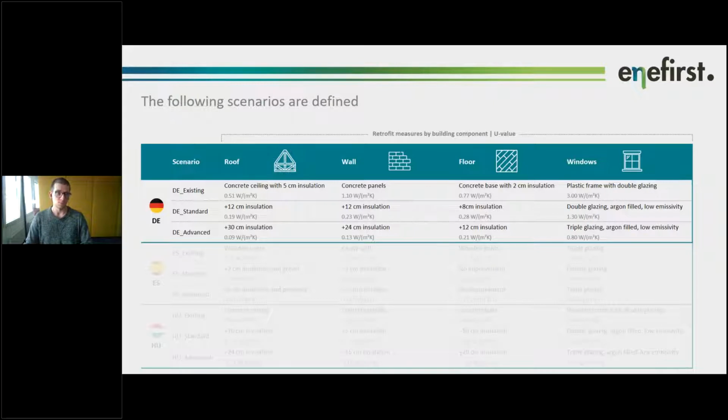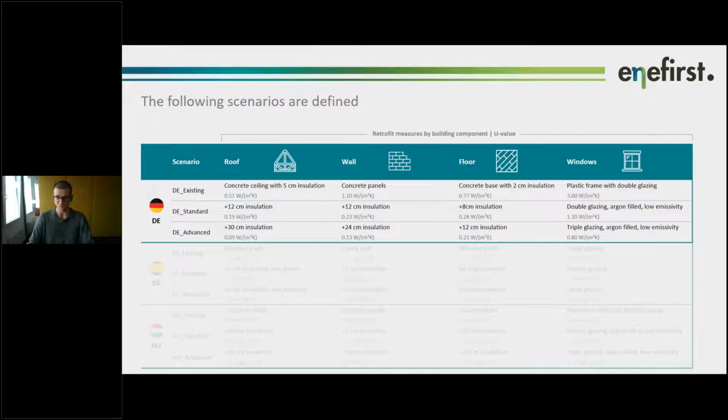If we take the walls as an example, we have concrete panels in the default existing scenario, and then we add 12 centimeters of insulation and 24 centimeters of insulation in the standard and the advanced scenario. All of these building components have specific costs, which are included in the model. And in the end, we add everything up to some cost effectiveness analysis, and then we're going to have some interesting outcomes of this assessment.